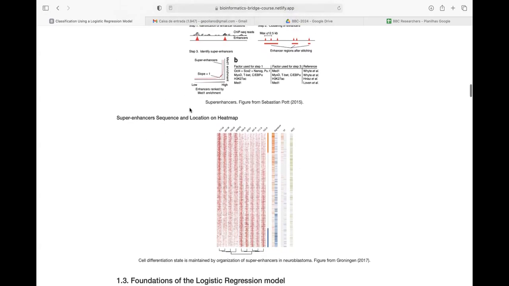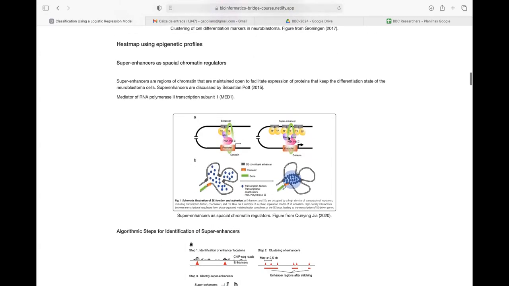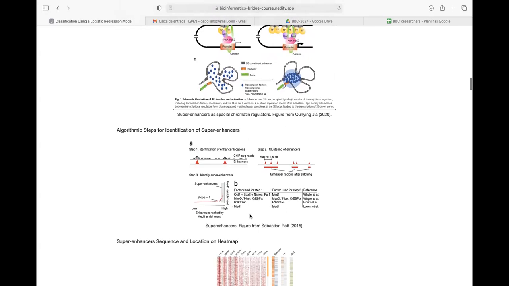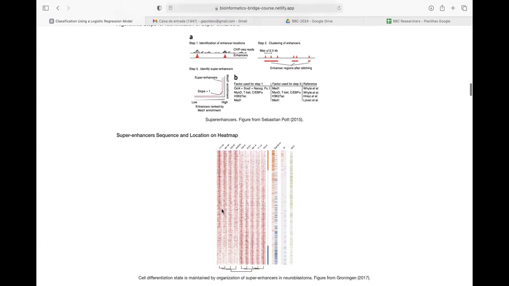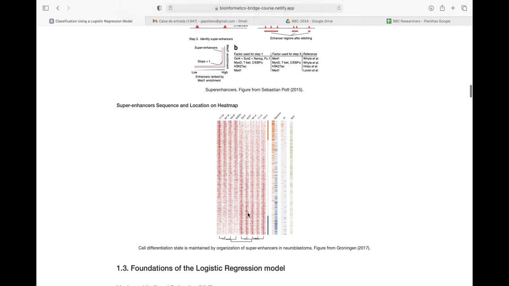All of this information, and the algorithm that we can generate out of it, has led to the idea that there are super enhancer regions in the neuroblastoma cells that separate the epigenetic patterns of the mesenchymal cells from the adrenergic cells.